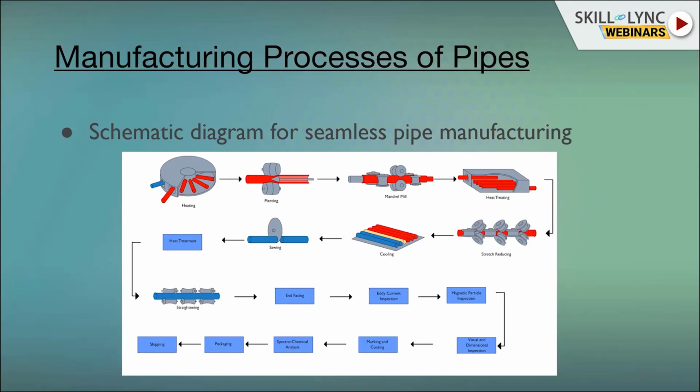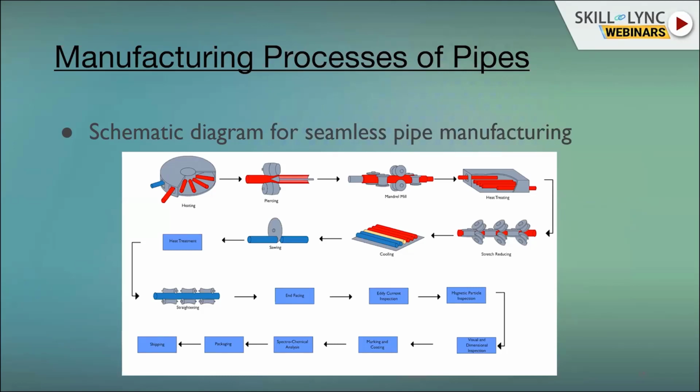Many of you know that heat treatment processes include quenching, annealing, and chemical dipping of the part. After the heat treatment process, it again passes through a stretch reducing part with a series of rollers, which reduces stretch marks on the ID or the OD. After the heat treatment, the cooling part will be there.